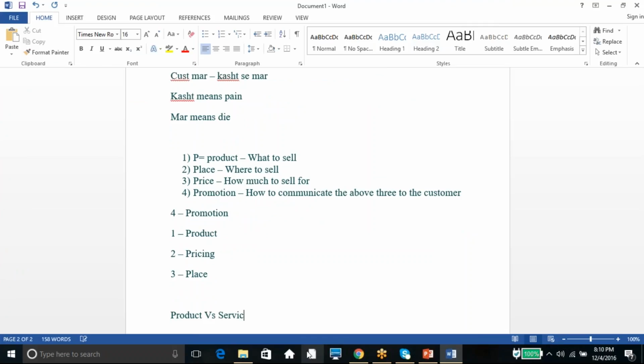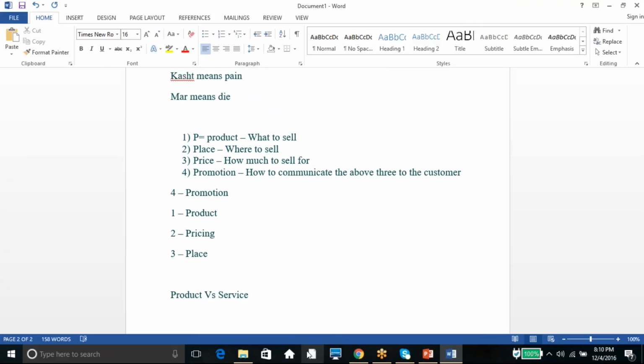There is a differentiation of product versus service. So what is that primary difference between a product and service? What is the primary difference between a product and a service?